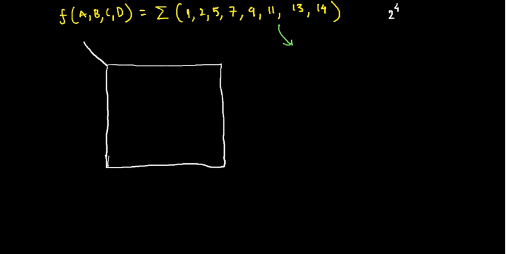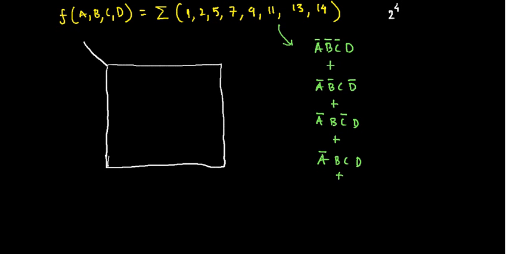Can you tell me the expression quickly? For 1, ABCD, right? A'B'C'D. This will be 1. Or tell me for 2. Or tell me for 5, ABCD, 0 1 0 1. Tell me for 7. Tell me for 9.